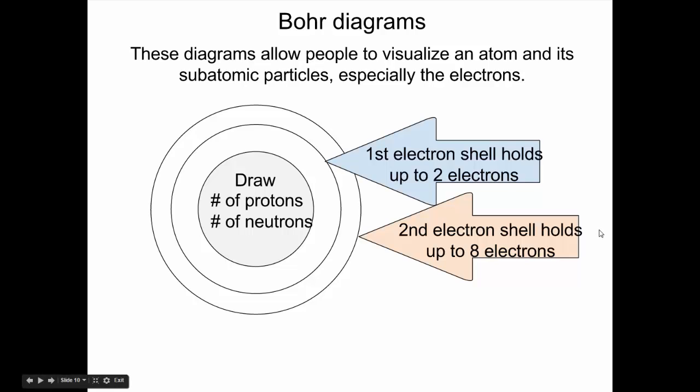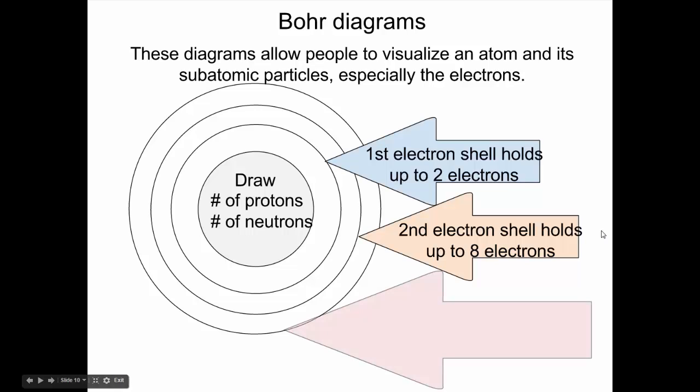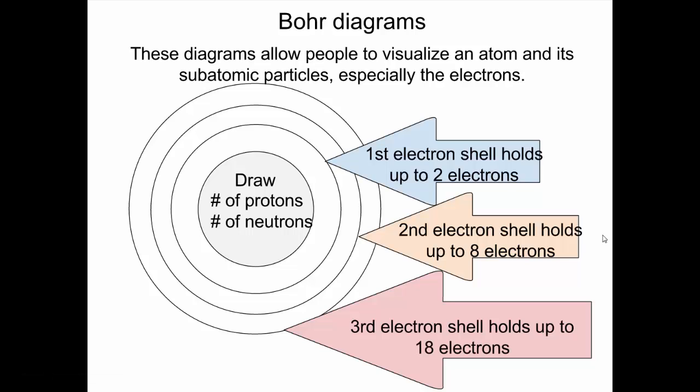Why? Because it's a bigger shell. It's got a greater diameter, so it can hold more. If the element has atoms that need it, then more electrons can be placed on a third shell. There are even more than this, but we're going to focus on up to the third. The third electron shell holds up to 18 electrons.